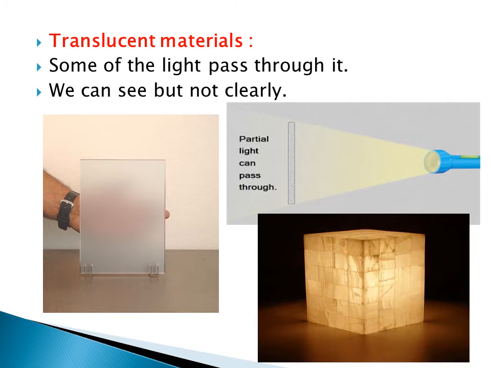We cannot see clearly, but I can see through it, though not very clearly. They are called translucent materials. These materials are called what? Translucent materials. So the first one is what? Transparent. The light can pass through it, all the light, but with translucent, only some of the light can pass through it.